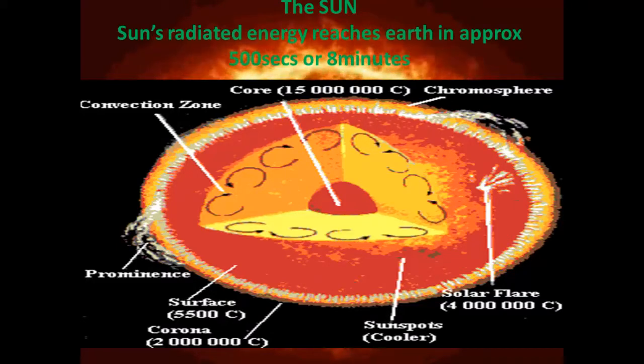So there the temperature of the core is very high. Okay, so in our sun the temperature of the core is, as you can see, 15 million degrees centigrade.